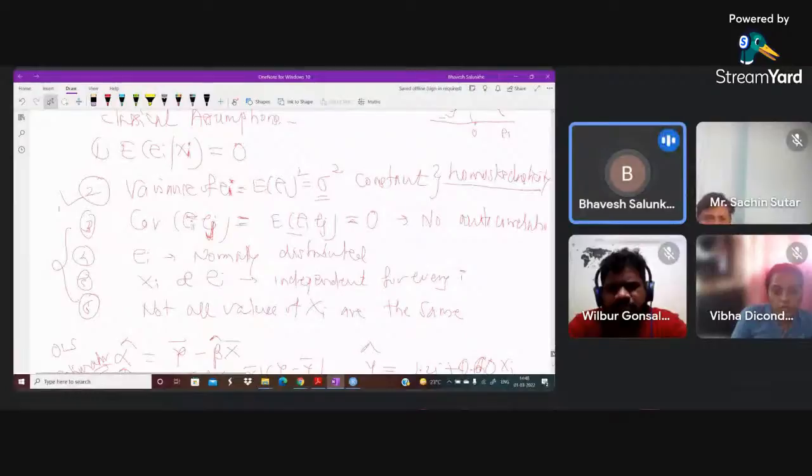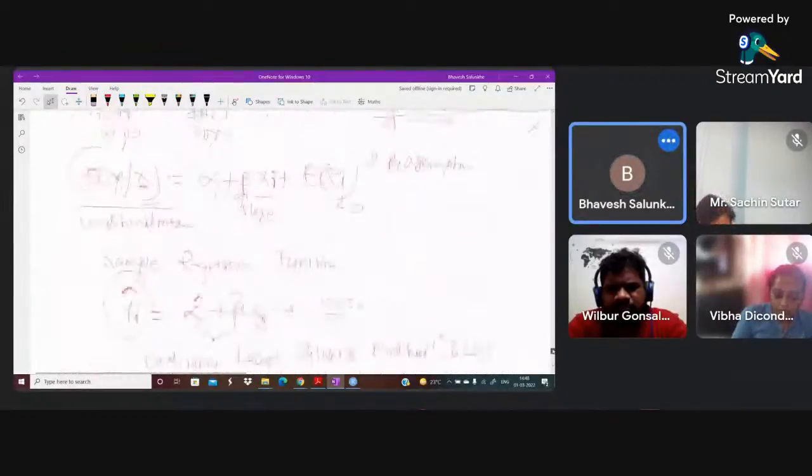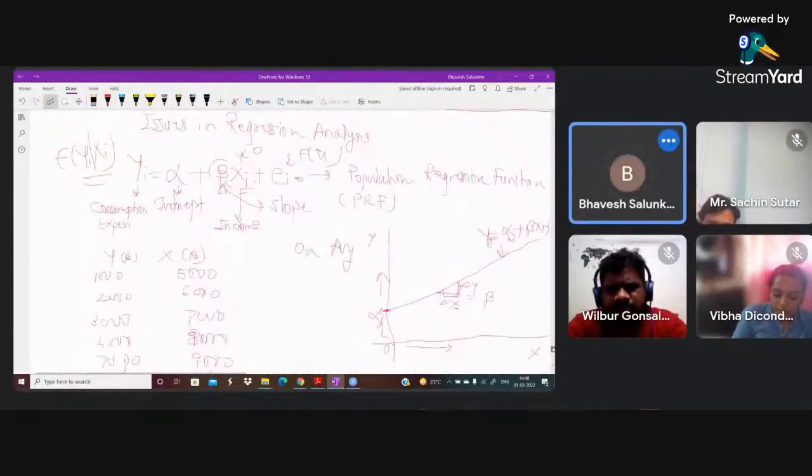Now, what do we mean by this property? If you go to the population regression function, this is in the population, these are actually estimated values, and the population regression function, this line, we don't know. But for example, say some values are scattered like this around these conditional mean values.